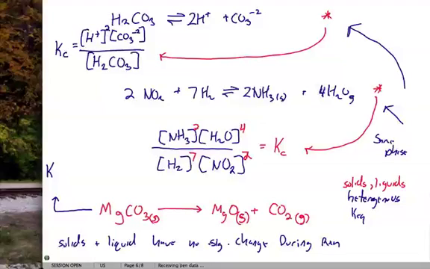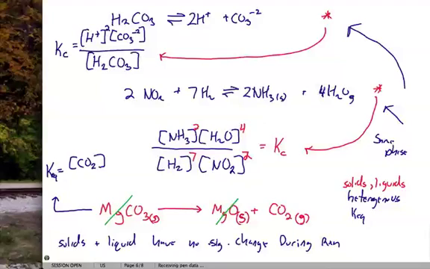So this particular one, Keq, would be equal to: magnesium carbonate is a solid, magnesium oxide is a solid, carbon dioxide is a gas. Products over reactants, the equilibrium constant would just look like this. The solids are not considered in the equilibrium expression because they don't significantly change during the course of the reaction.